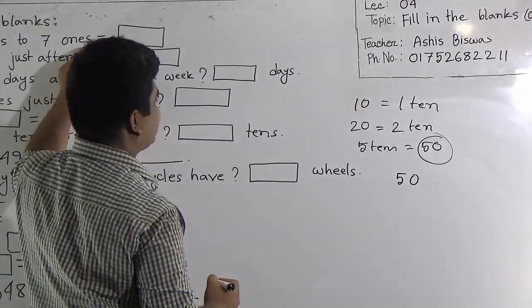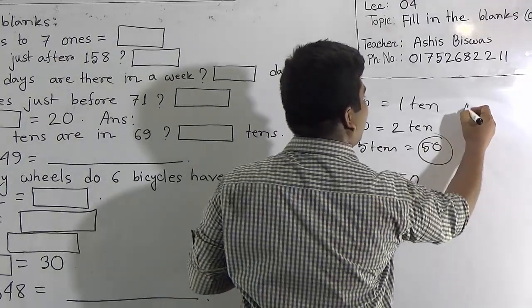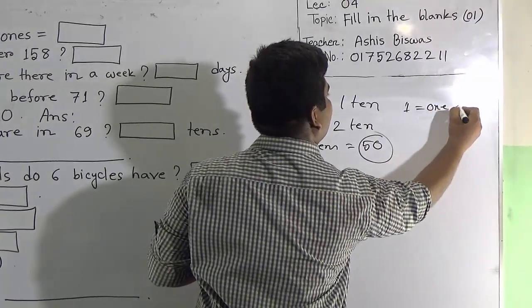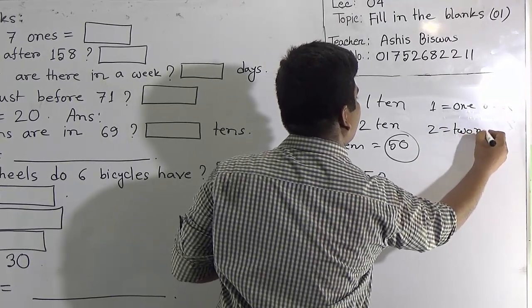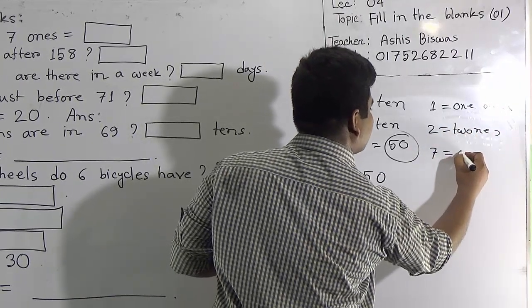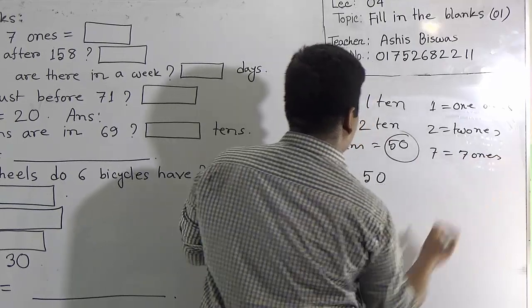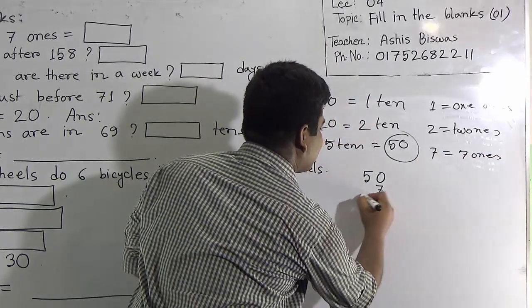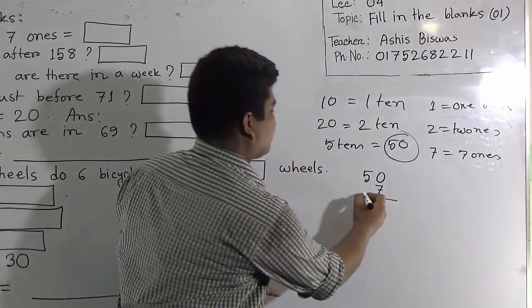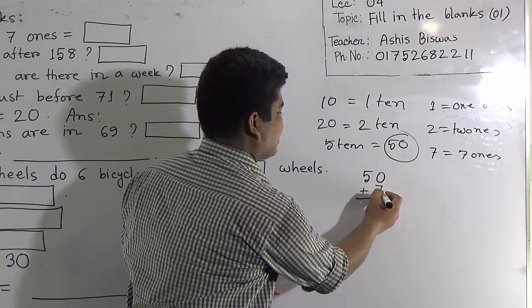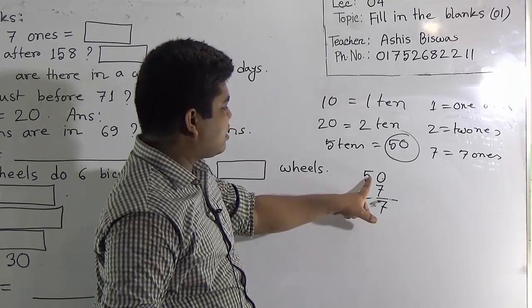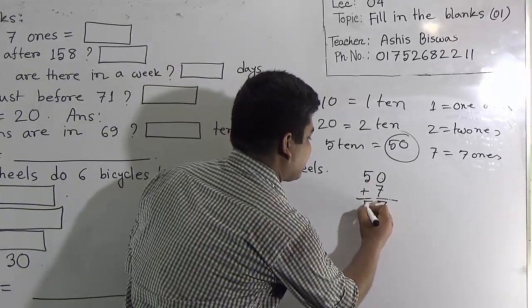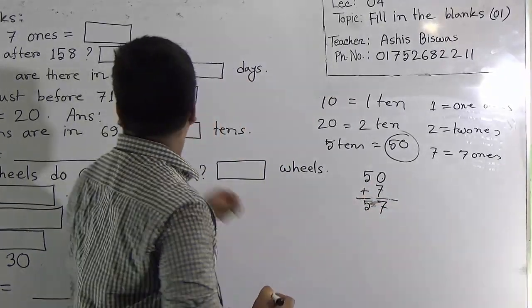Then 7 ones. 1 means 1 one, 2 means 2 ones, and 7 means 7 ones. So we add 7. If we add ones place with ones place, 7 plus 0 will be 7, and this 5 is placed here, that means 57.